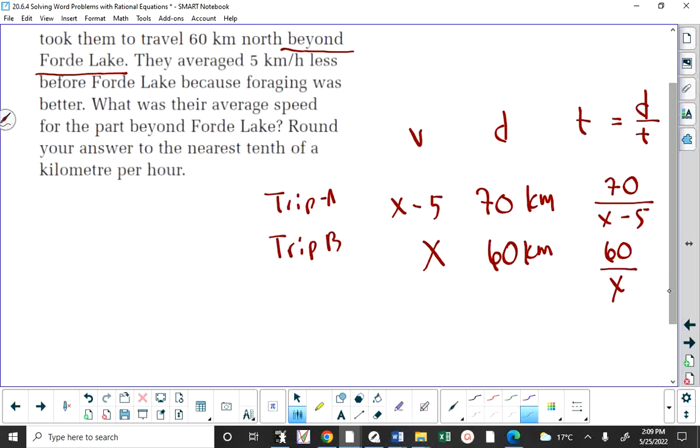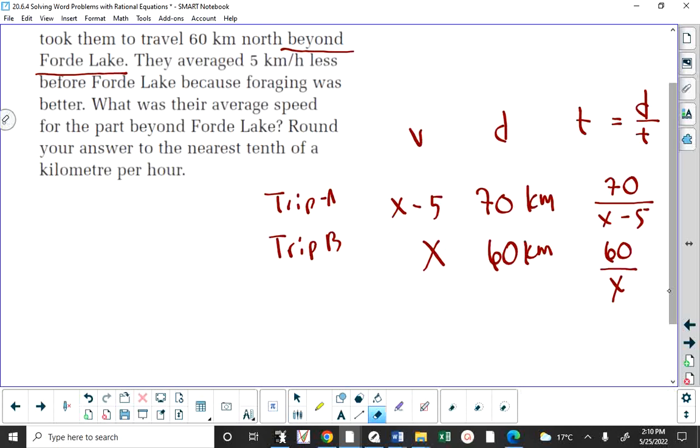And I'd better just check something here. I want to check that my units are all consistent.